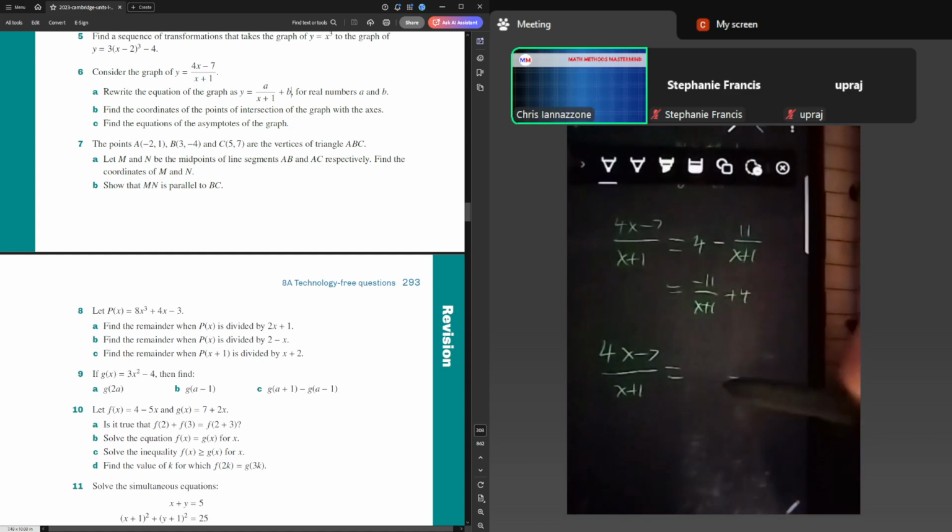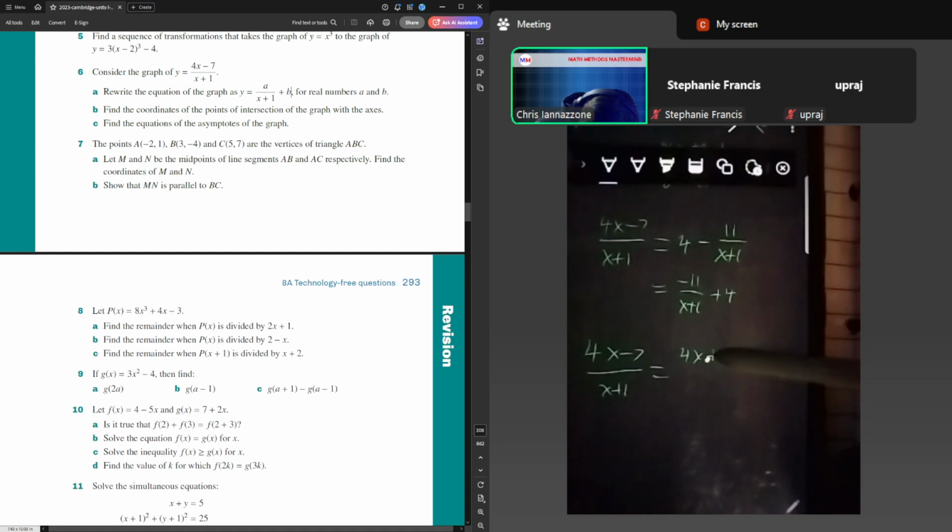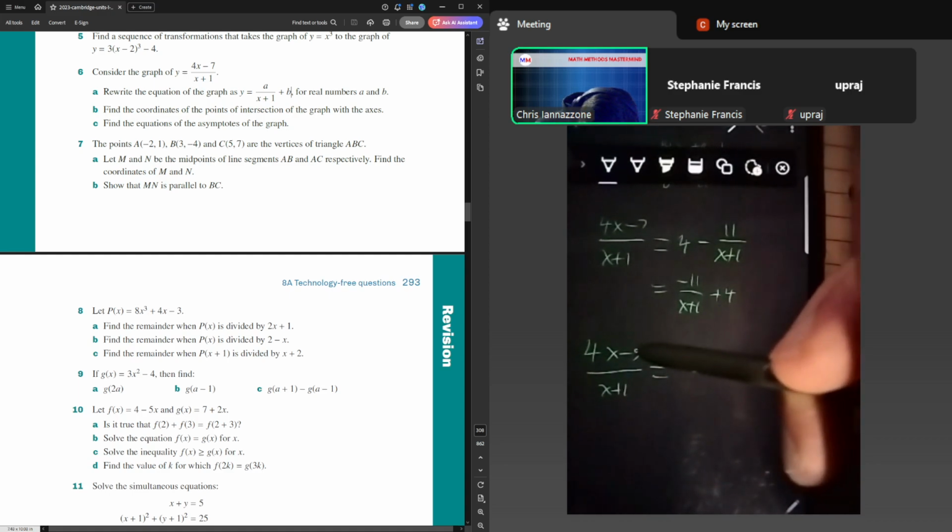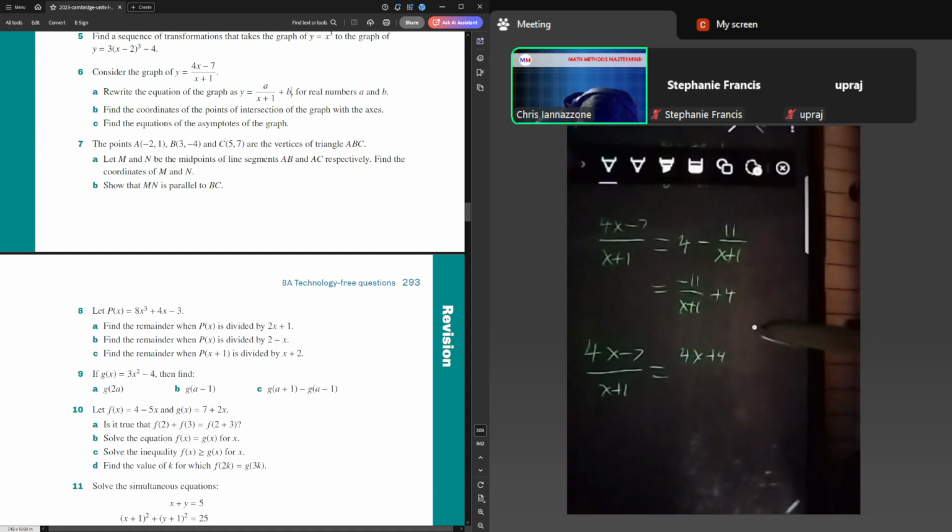One of the ways you can do that is you have 4x plus 4. And because I've introduced a plus 4, I need to have a minus 4 associated with this, so that's minus 11. I've introduced a plus 4, and therefore I've got to take it away as well.